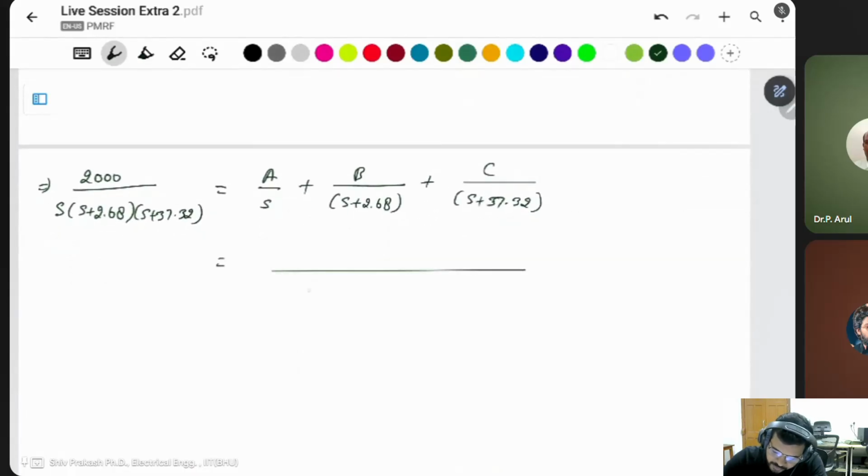Okay, take LCM: s, s plus 2.68 and s plus 37.32.